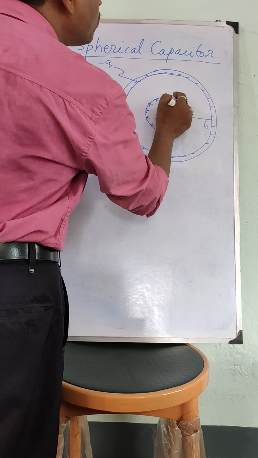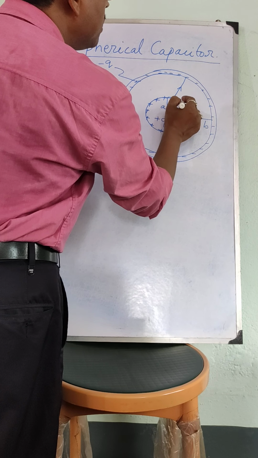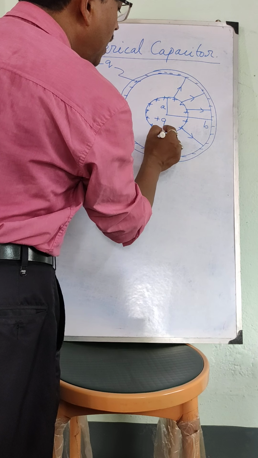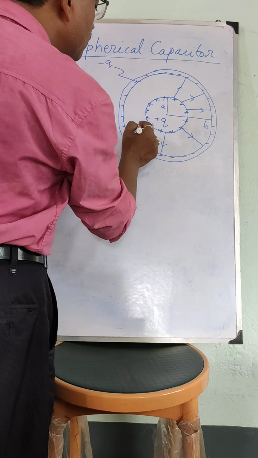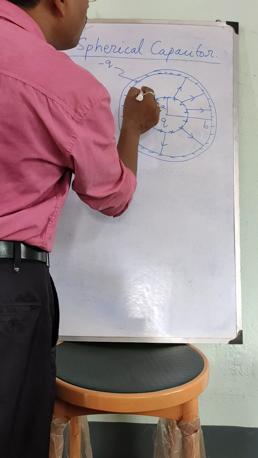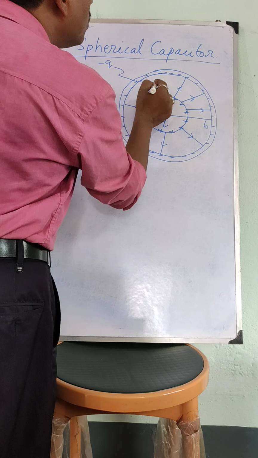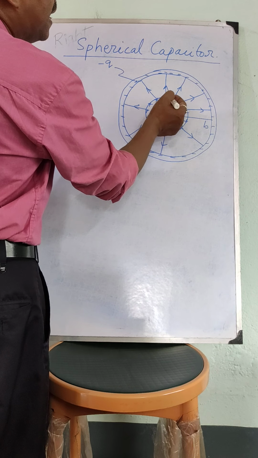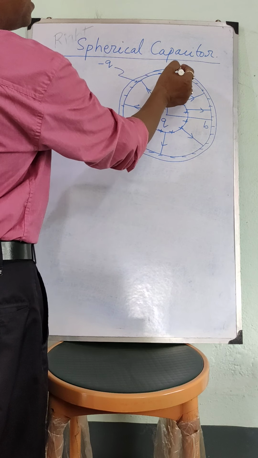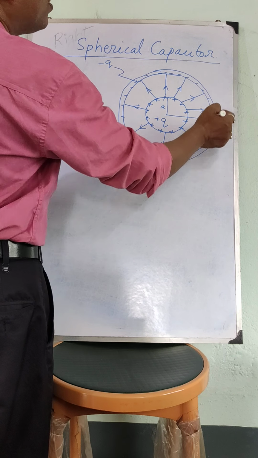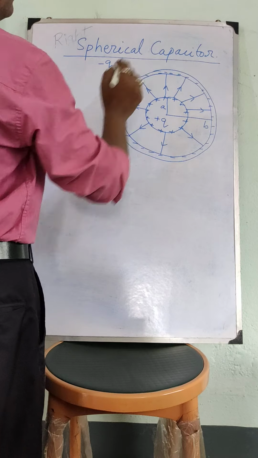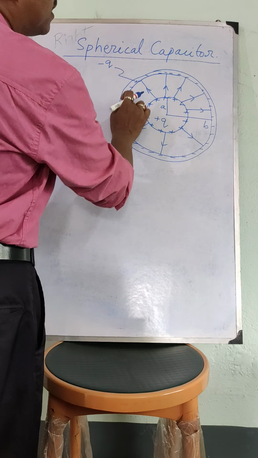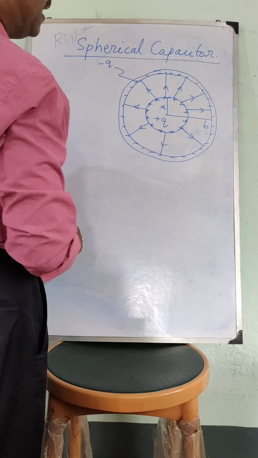So the field lines will be in the outward direction. So this is an inner conducting sphere, and this is an outer conducting spherical shell. In the space between the two conductors, we are assuming that we have free space.